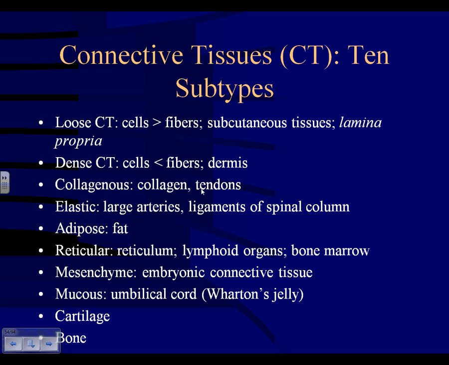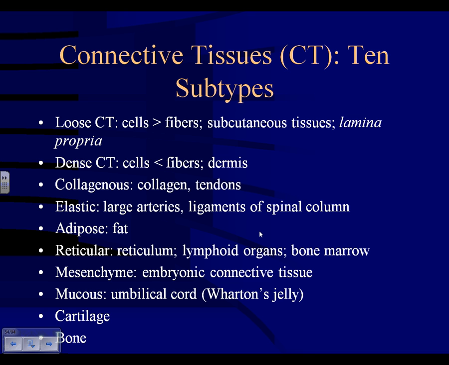Very densely collagenous tissue, like tendon, is an example of very, very dense connective tissue that has hardly any cells, but is mostly made of collagen. You can have elastic tissue in large arteries and ligaments in the spinal column. Adipose tissue or fat is an abundant connective tissue type. Reticular really refers to the spleen and the bone marrow.